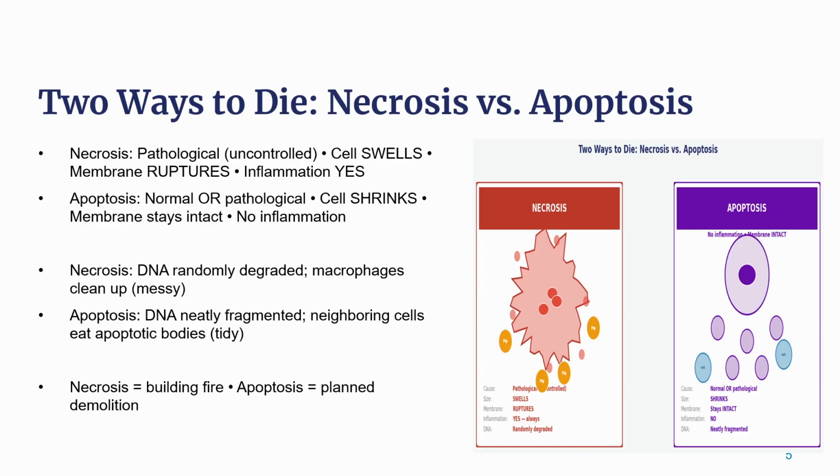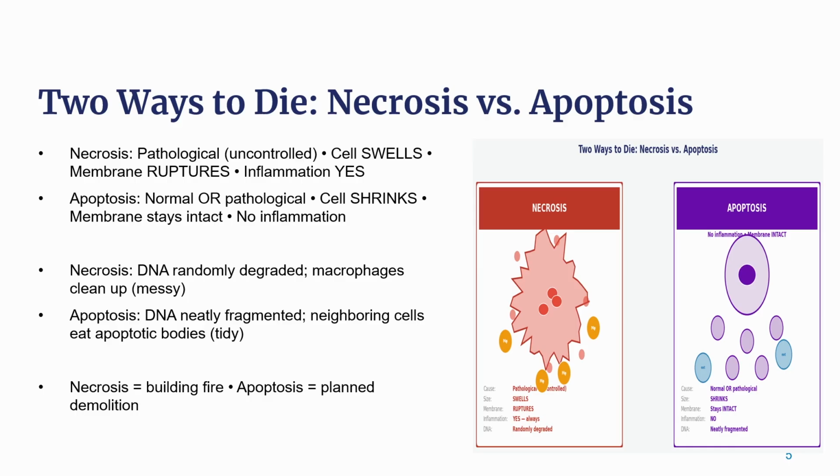Here's where it gets really interesting. There are two main ways a cell can die, and they look and behave completely differently. Necrosis is the messy death. The cell swells, the membrane ruptures, contents spill out, and the immune system has to come in and clean up the mess. That cleanup process is what causes inflammation.